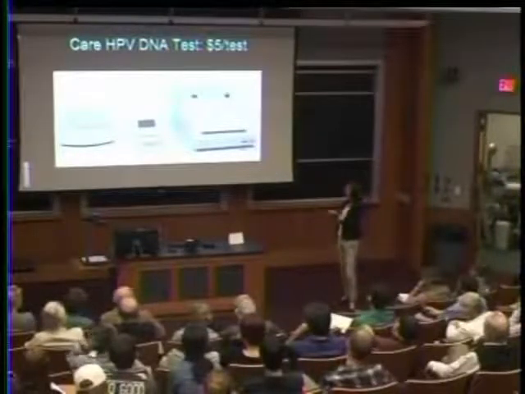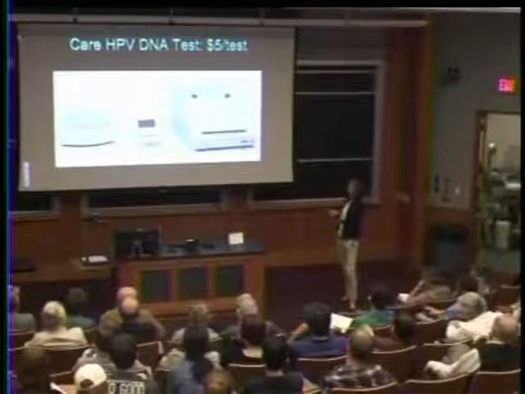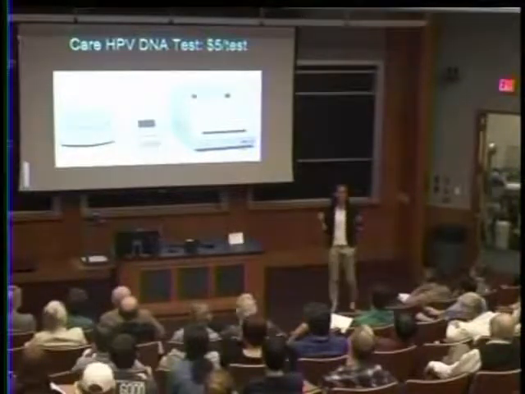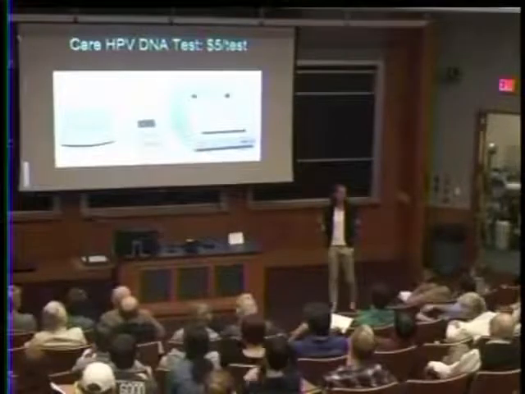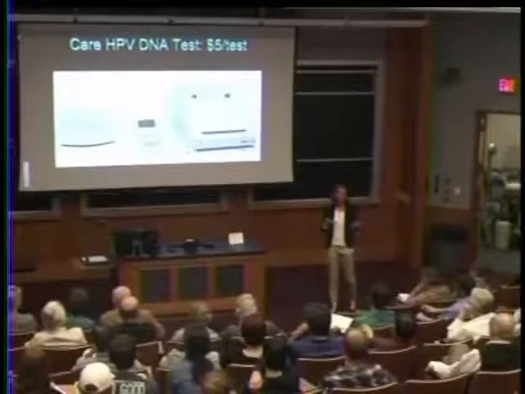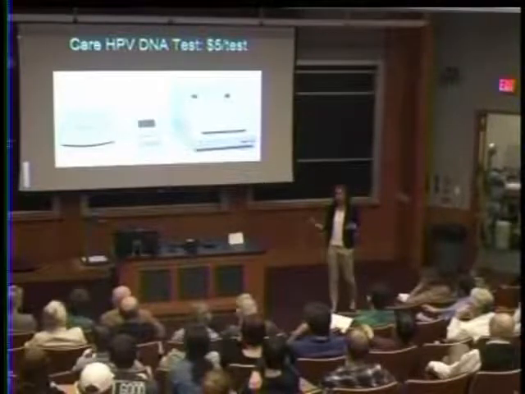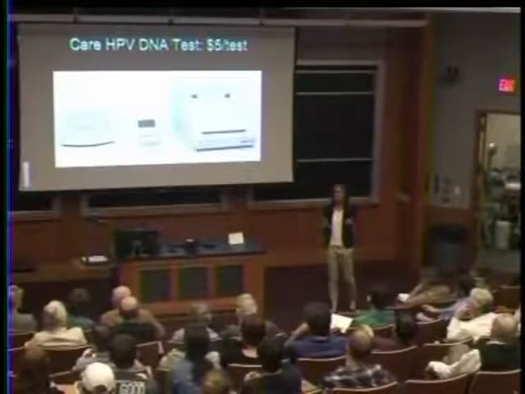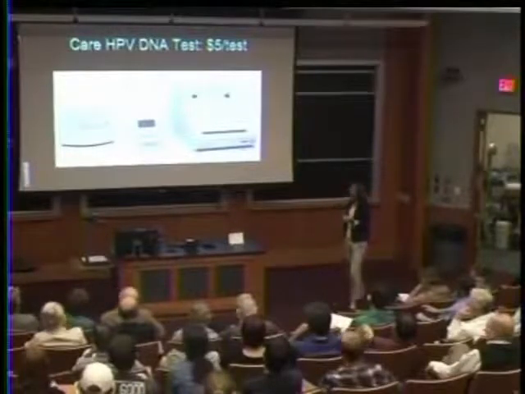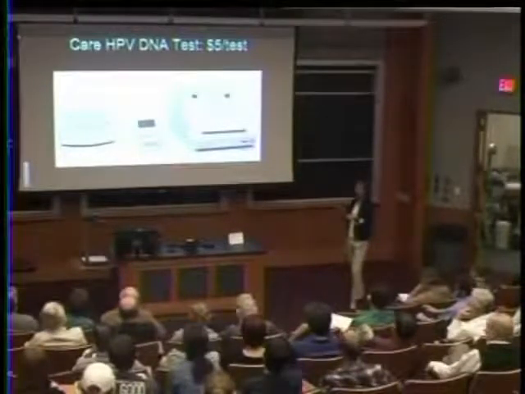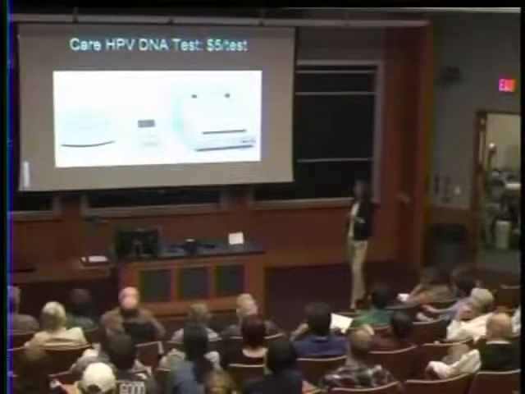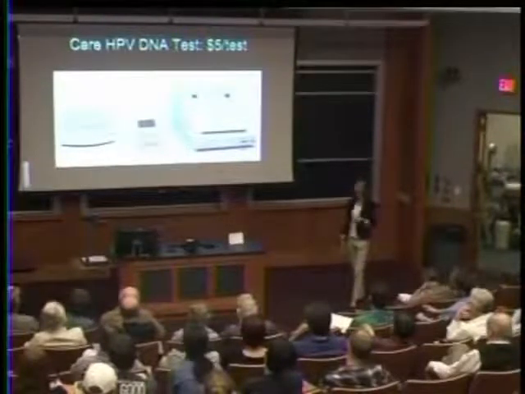You can see you've got a 96-well plate. What that means is that you have to collect specimens from 96 patients in order for this to be cost effective, because the plate costs 96 times $5. Each assay is only $5, but you've got to run 96 in parallel. You've got a plate shaker here that's necessary to heat and shake the plate, and a plate reader here, and this walks you through all the steps to do the assay.